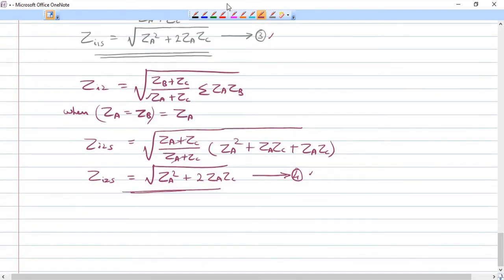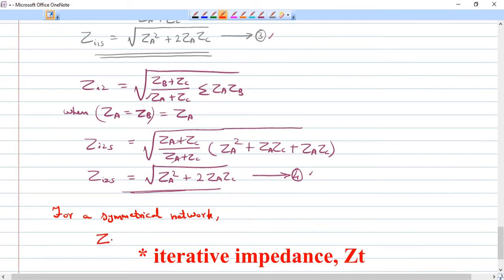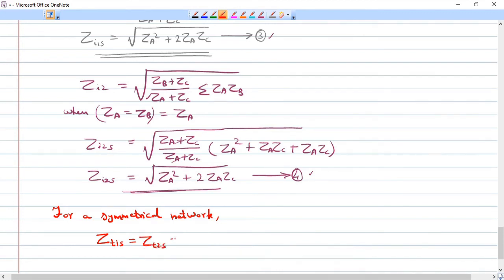So what is our conclusion? We can write that for a symmetrical network, the characteristic impedances, that is T1s, will be equal to T2s, that will also be equal to its image impedances I1s, which is equal to I2s, and that will be equal to its characteristic impedance Z0.